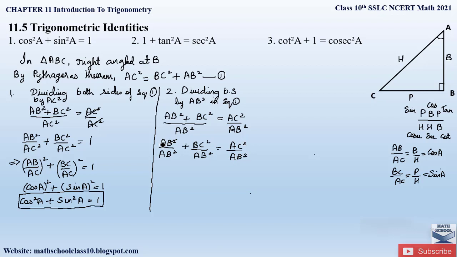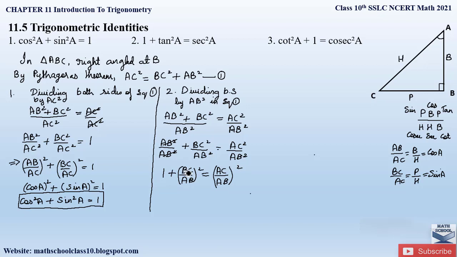So here AB square and AB square will get cancelled and we will be left with 1 plus BC square by AB square. This can also be rewritten as BC by AB the whole square is equal to, again here AC square by AB square can be rewritten as AC by AB the whole square.